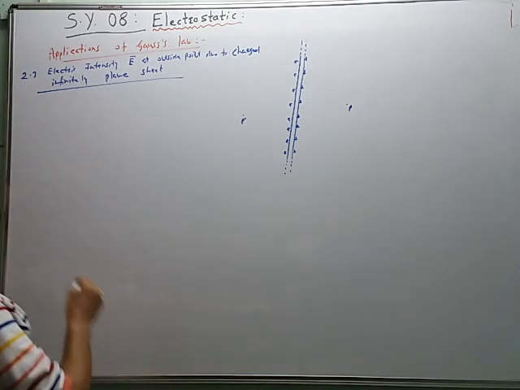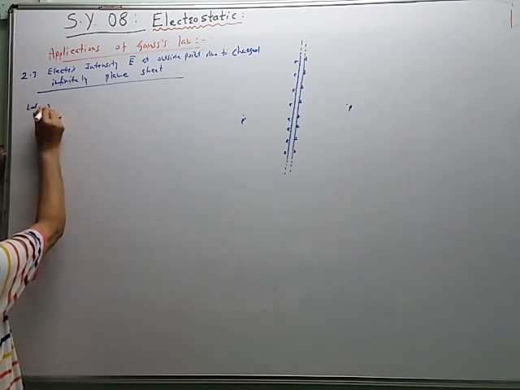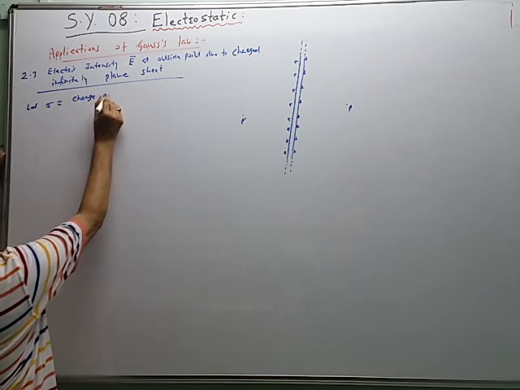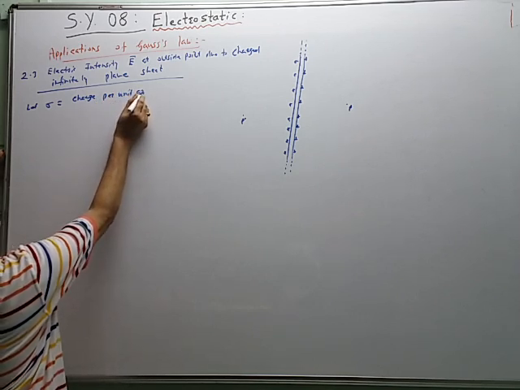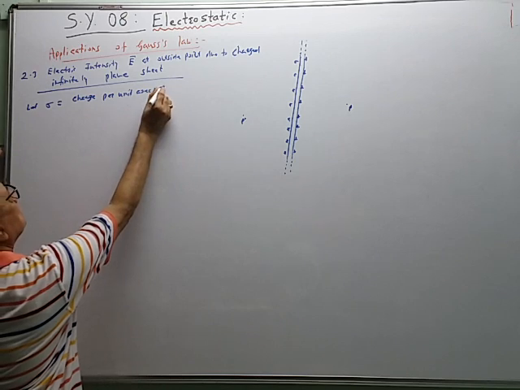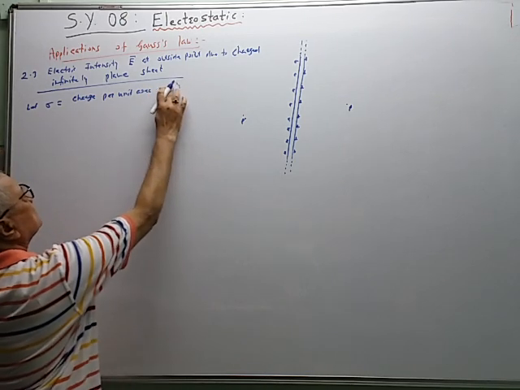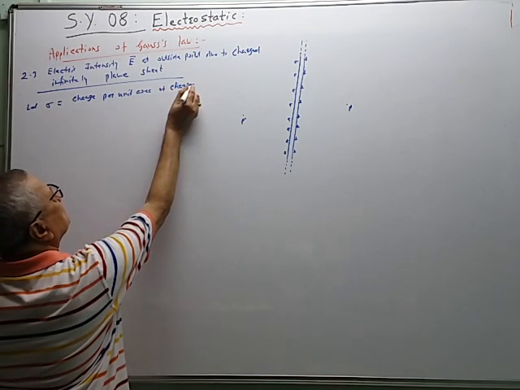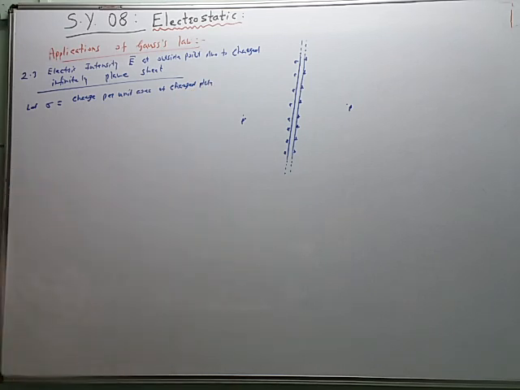Now let sigma be the charge per unit area of the charged plate, extending infinitely.